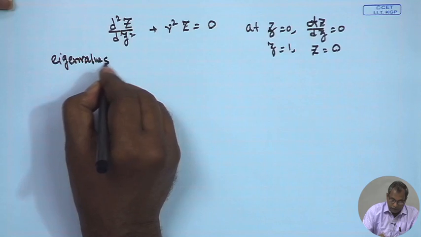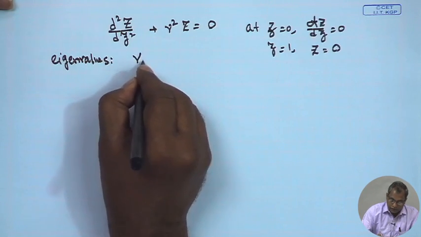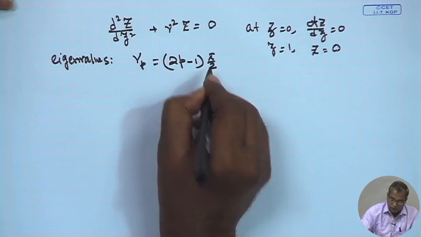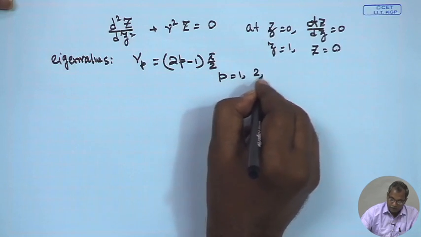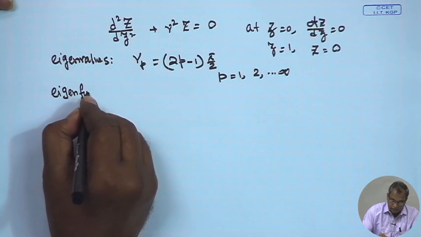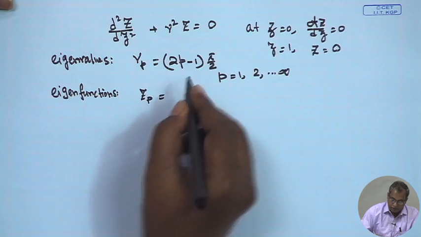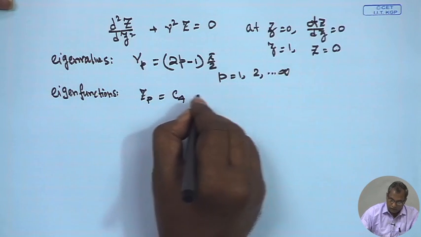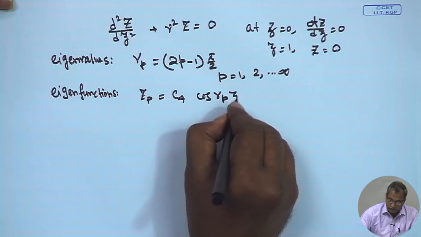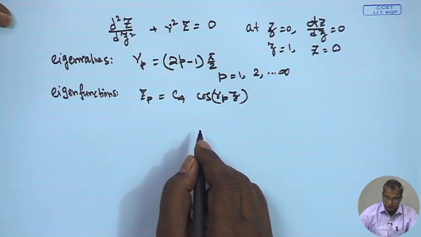Basically, gamma p is equal to 2p minus 1 pi by 2, where the index p runs from 1 up to infinity, and the eigenfunctions will be Z p equal to C4 cosine gamma p z. So, we are now able to get the complete solution.